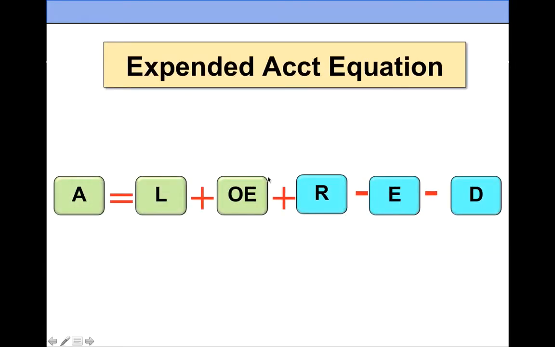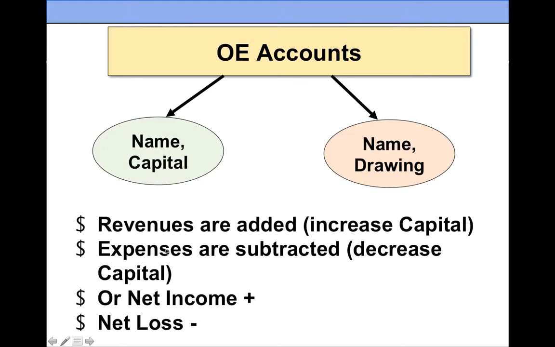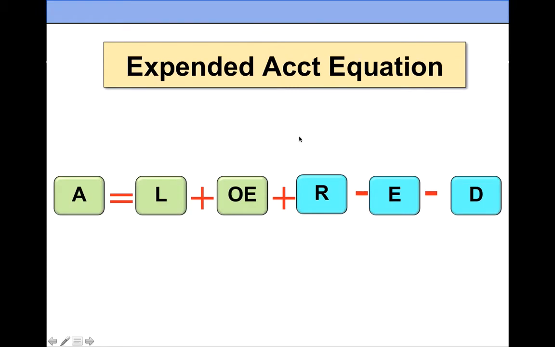So guys, if I take revenues, expenses, and drawing and move them out of my umbrella of accounts, I will have only capital left. So under equity, I keep only one account, capital, and I take revenues, expenses, and drawing, and list them separately. This becomes my expanded accounting equation, and I promise this is it. This is as long as this equation is going to be. So I have three permanent main real accounts: assets, liabilities, and owner's equity.